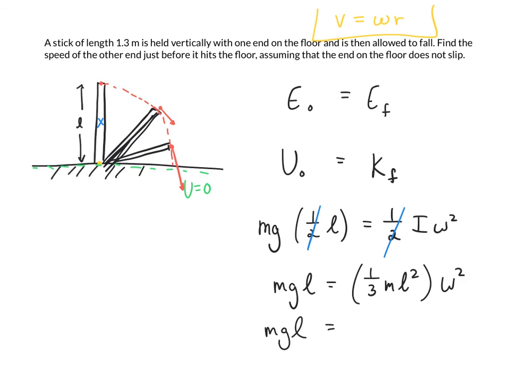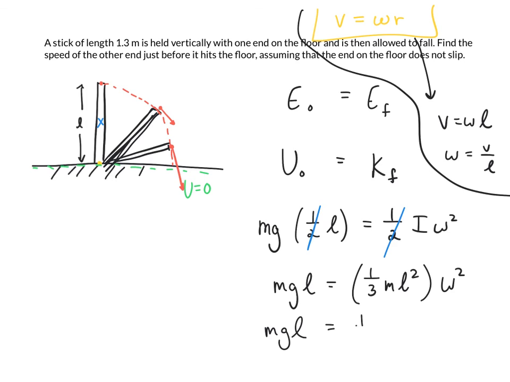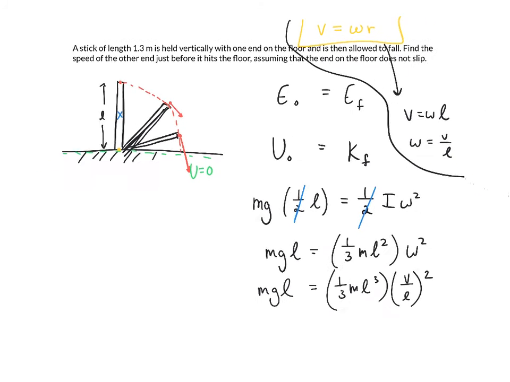So R is really L. So this formula becomes V equals omega L, right? And if we solve for omega, it's going to be V over L. And our goal is to find out what V is in this problem.